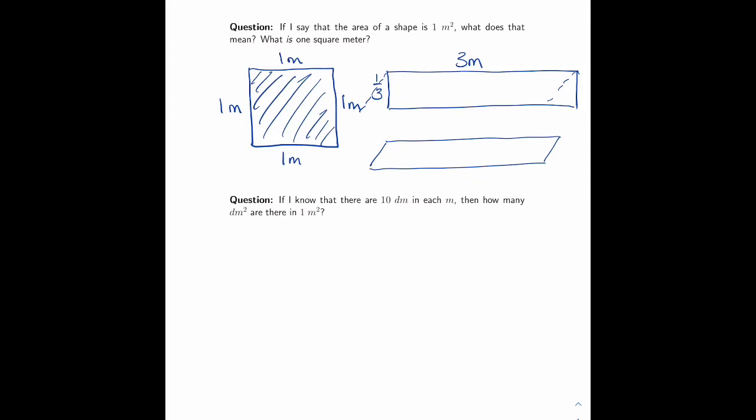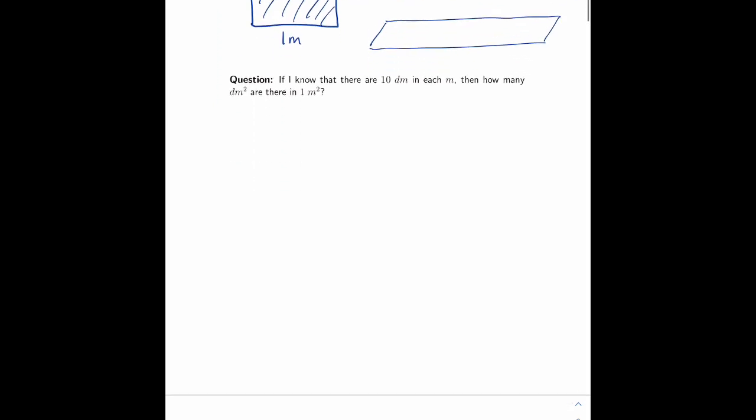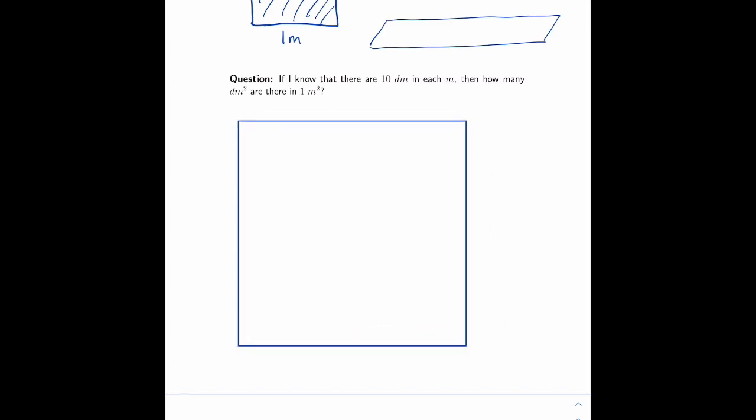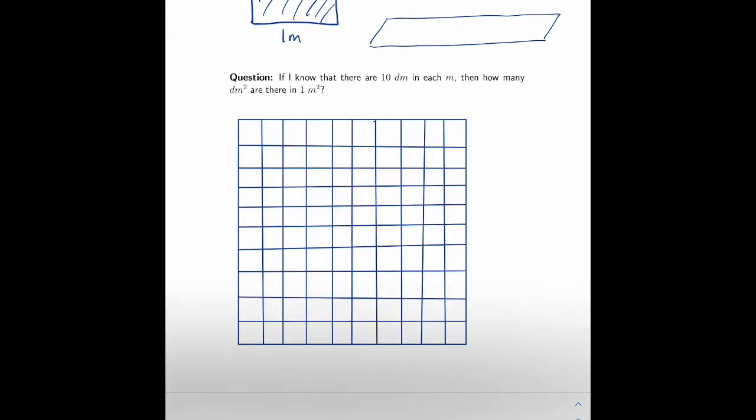Now, if I know that there are 10 decimeters in each meter, then how many square decimeters are there in a square meter? So I'll take a moment to draw this. Here's a square meter. And I'm going to break this up into 10 decimeters. All right, so I've done this off screen and I have indicated that each side here is divided into 10.